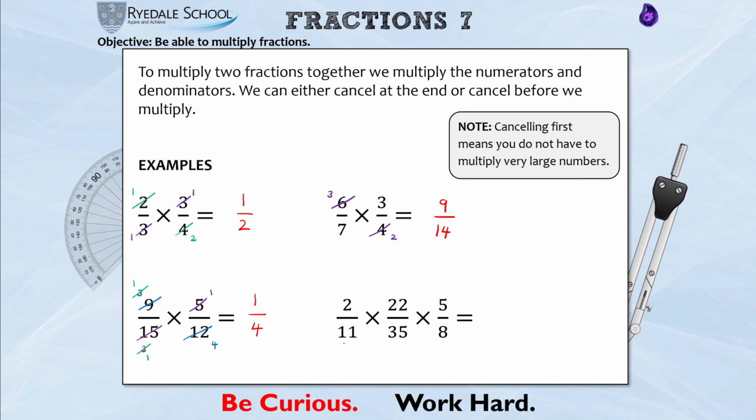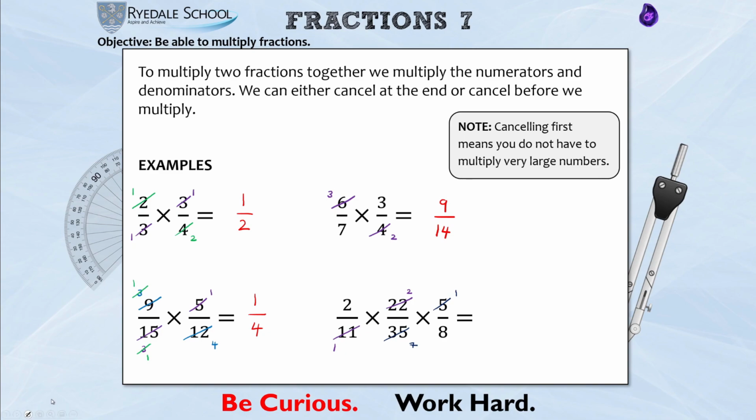So I can see I've got some numbers in the 11 times table. So I'm going to divide that by 11 and that by 11. I can see I've got some numbers in the 5 times table. So I'm going to divide this by 5 to get 1 and this by 5 to get 7. I can now see I've got some numbers in the 2 times table.